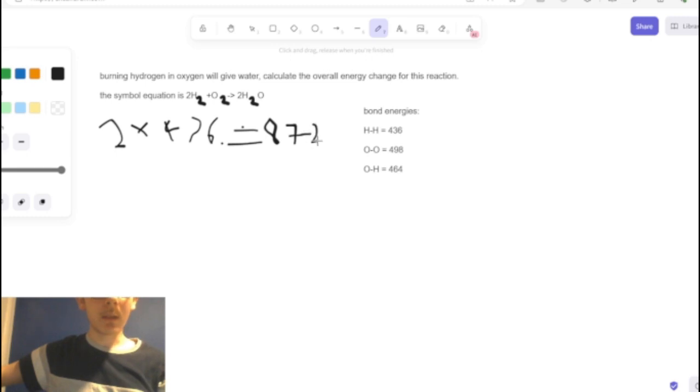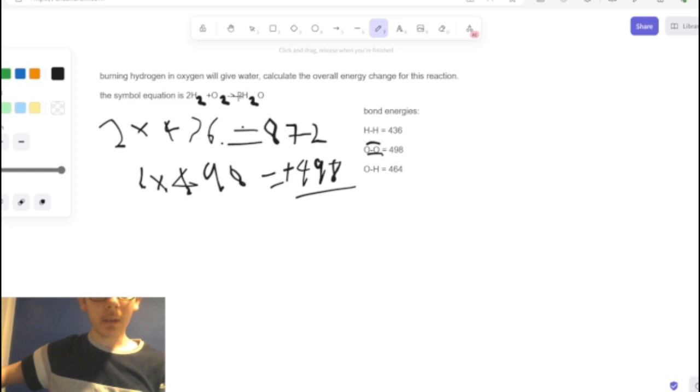And then we need to do 1 times oxygen, which is 498. Oxygen is double bonded. I know it only puts single there, but it's double bonded, not single. I made the mistake there. Then we need to add those together because that's everything on the reactant side.